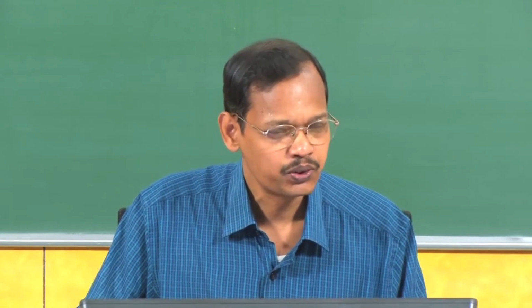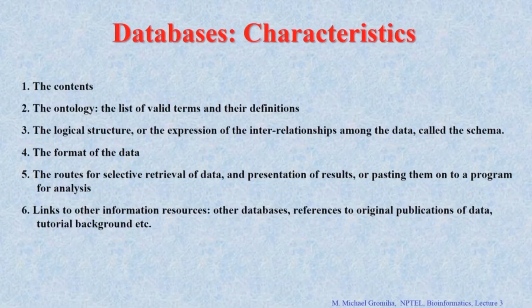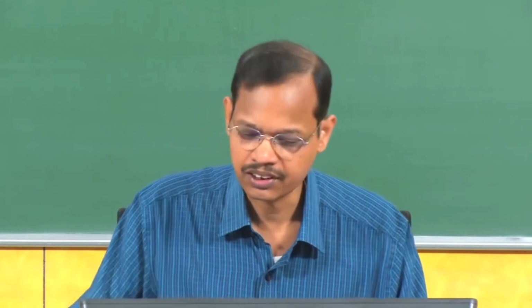Some users require some data, others think about different types of data. So, in this case you need to give a route to select the data from your database and then you have to present the results. If you present everything together there will be chaos. You have to present it in a way that is very legible and understandable to the users, according to the requirements of the users.